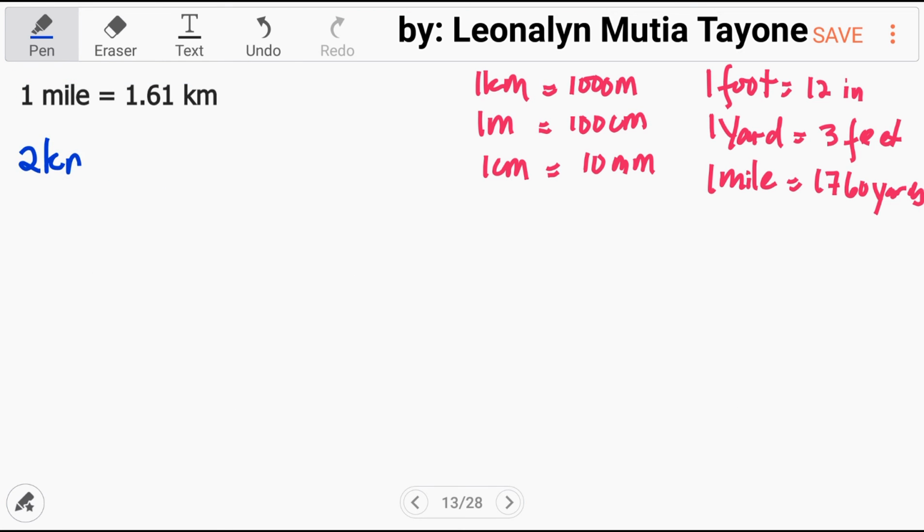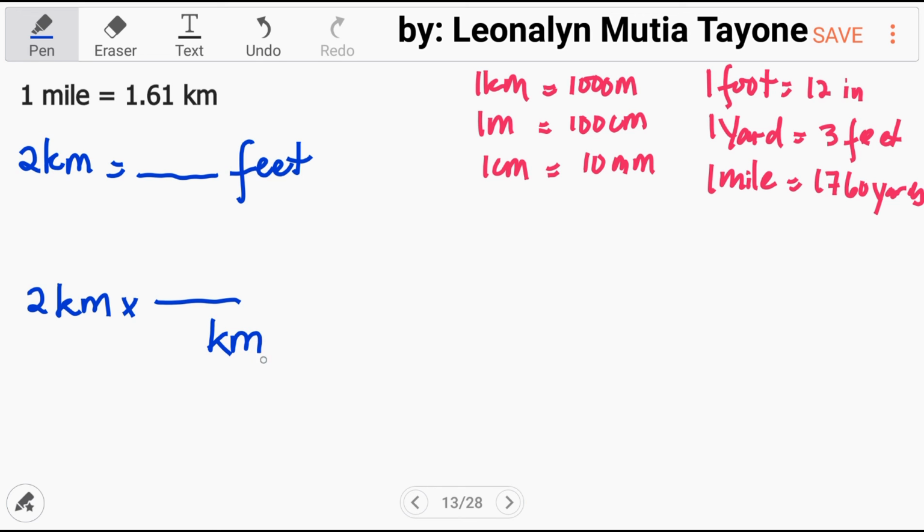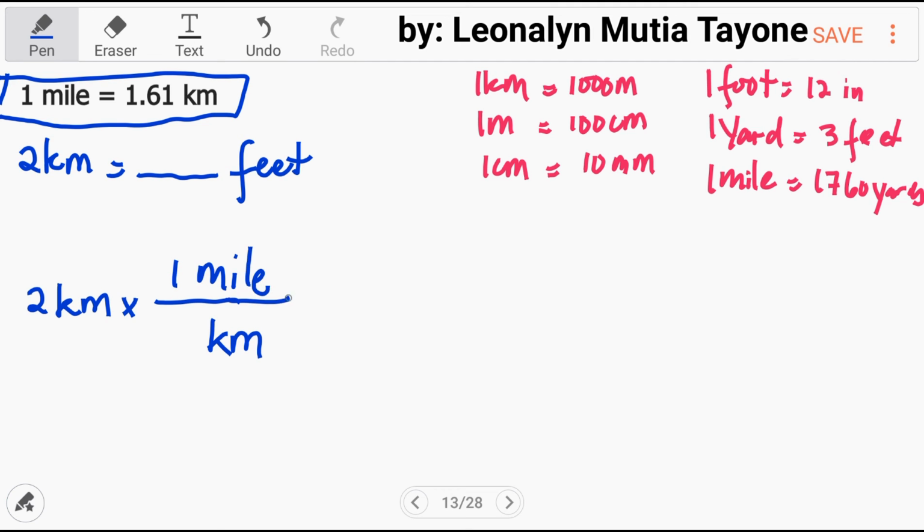Now, another example. 2 kilometers. I-convert natin to feet. So, ang gagawin natin 2 kilometers, i-multiply natin such a way na ma-cancel out si kilometers. Again, ito lang naman ang basihan natin. Depende kung given yan or yan ang i-memorize mo. So, 1 mile is equals to 1.61 kilometers.